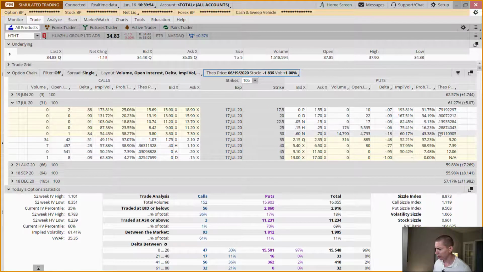On the 19th here, the theoretical value of those 30 strike puts would be around $1. Now, the theoretical value of the 25 put would be at 28 cents. So from there, you backtrack. If we paid 45 cents for it and were able to sell it at 75 cents within a few days, that's a good return.